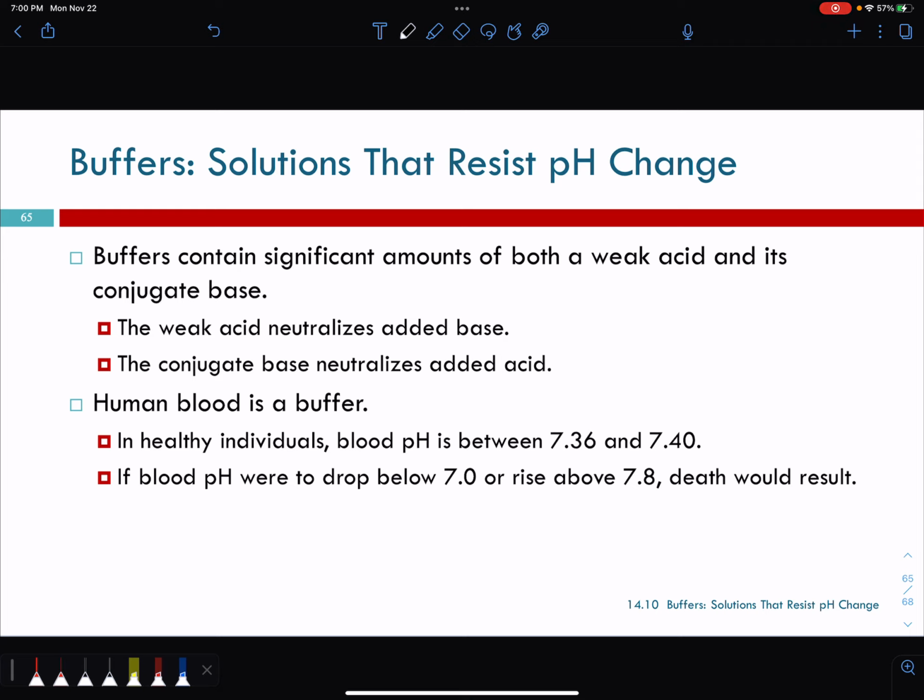It's actually the carbonate or bicarbonate in your blood that does this. In a healthy individual, blood pH is between 7.36 and 7.40. If blood pH were to drop below 7 or rise above 7.8, death would result because the acid concentrations would be too high or too low for the reactions that keep us alive to happen.